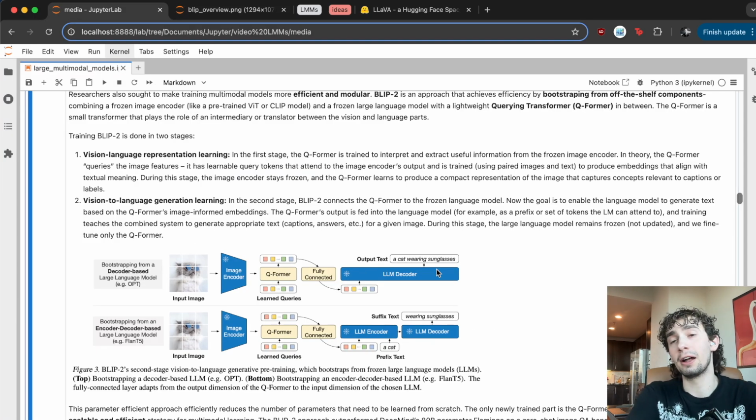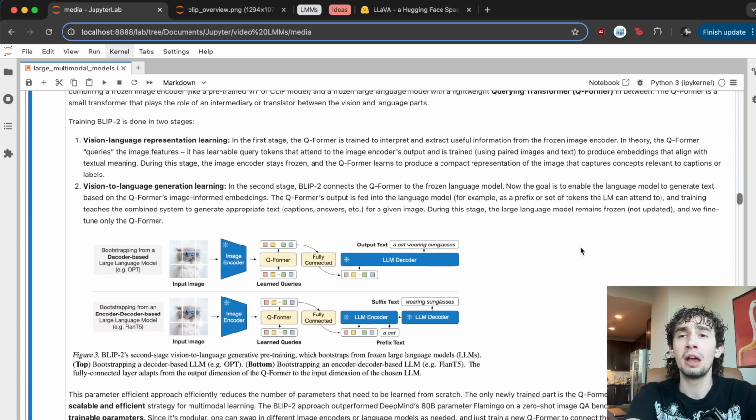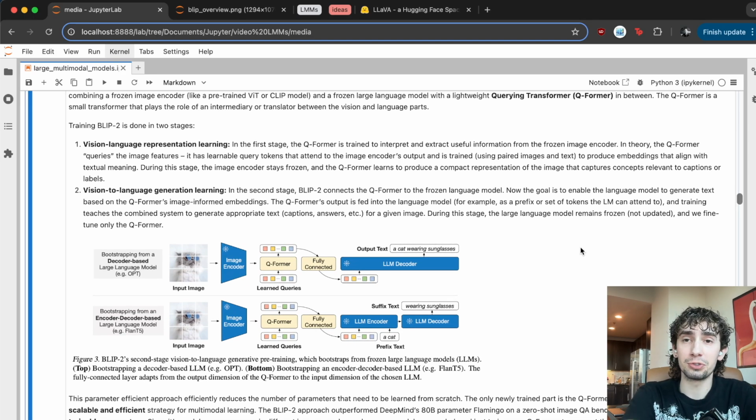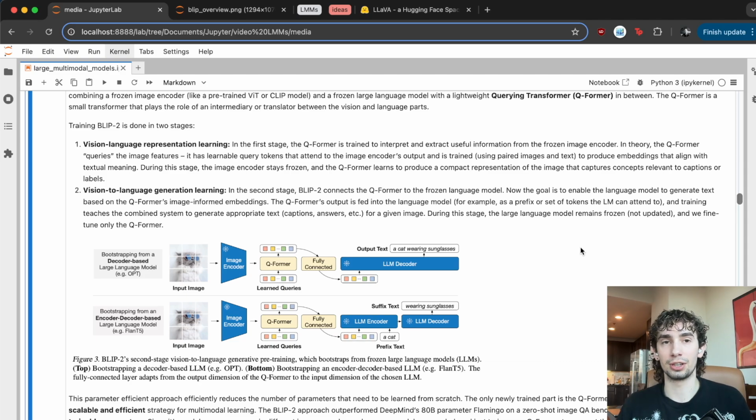BLIP-2's training follows a two-stage process. The first is vision language representation learning, similar to the kind of encoding that we saw with vision transformers and with clip models, where in this stage, the Q-Former is trained to interpret and extract all of the useful information from the frozen image encoder. The theory behind this is that the Q-Former queries the image features as it has these learnable query tokens that attend to the image encoder's output.